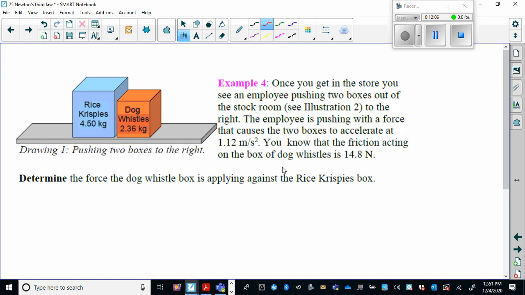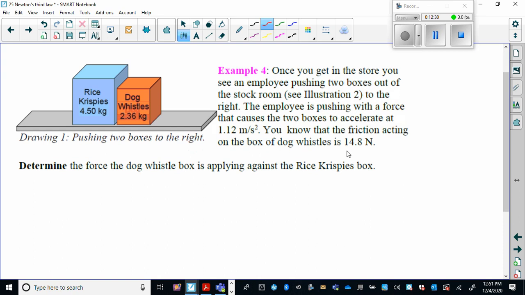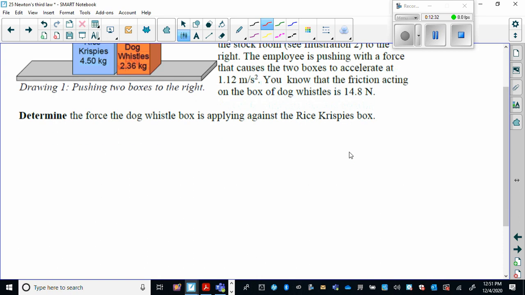Same thing with this question here. Once you get into the store, you see an employee pushing 2 boxes out of the stockroom. The employee is pushing with a force that causes the 2 boxes to accelerate at 1.2. You know that the friction acting on the box of dog whistles is 14.8. Determine the force the dog whistle is applying against the Rice Krispie box. This one's going to require a little more work, but still the same idea.